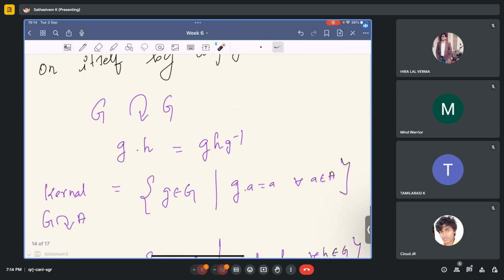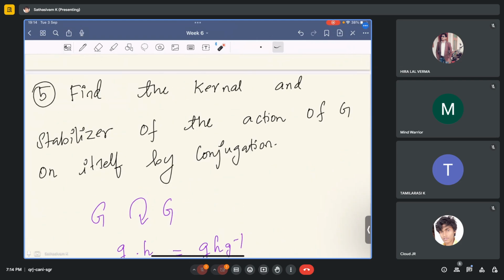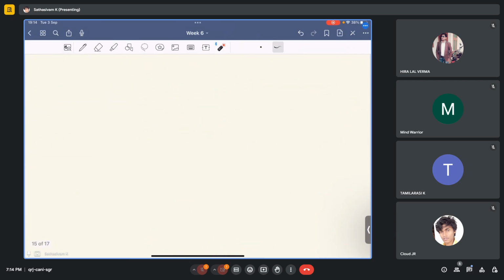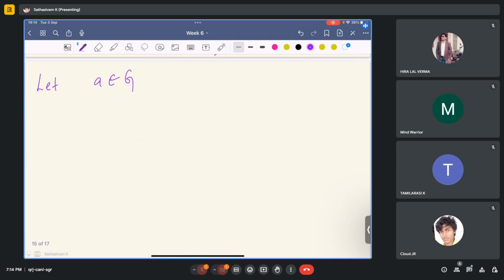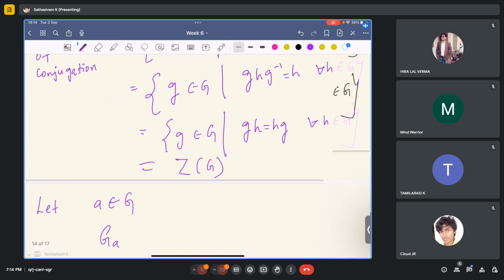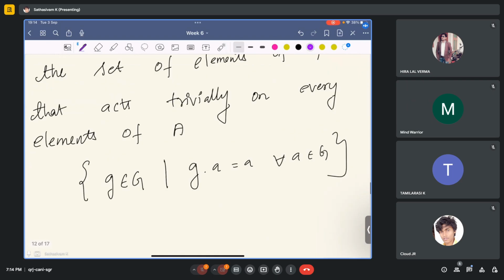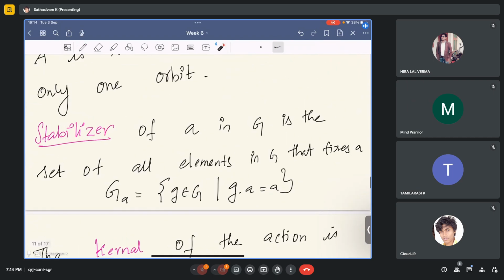So this kernel we have computed. Let's look at the stabilizer. Let a belong to the set. Sorry for changing the notation in between. The stabilizer of a is denoted by G_a, and again recall it.